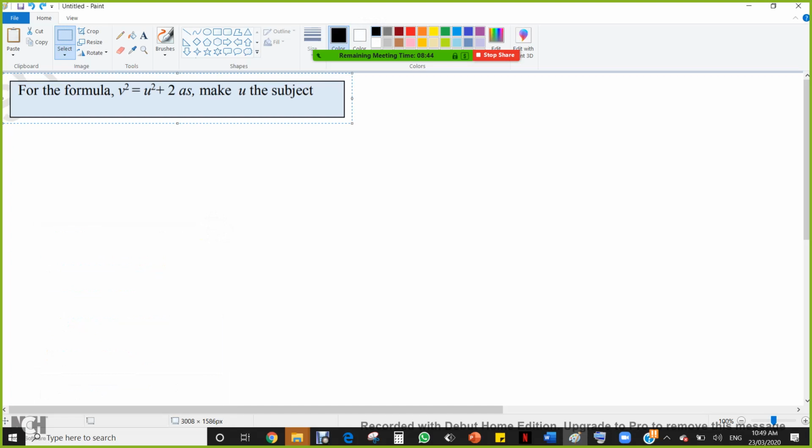So let's see. We want to make u the subject of the formula, right? So let me just write it back quickly. v squared is equal to u squared plus 2as.